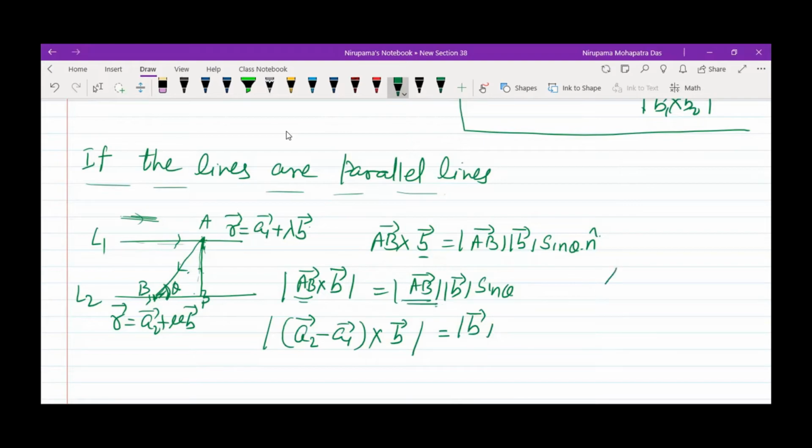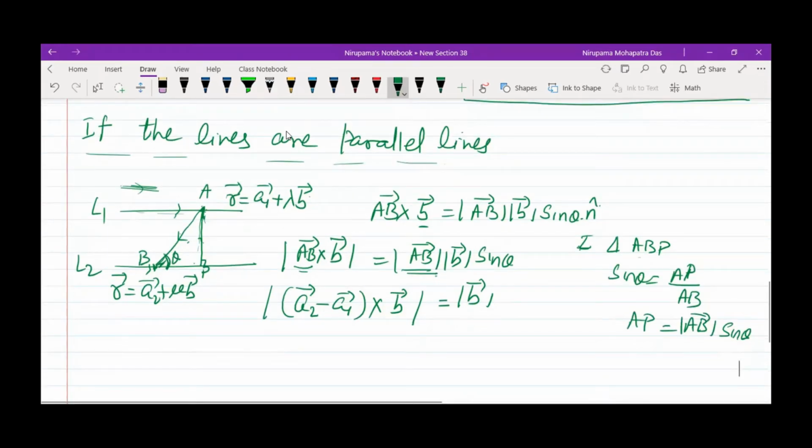In triangle ABP, sine theta equals AP by AB. It means AP equals magnitude of AB sine theta. So here we are getting the answer.